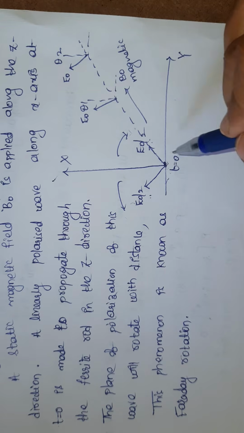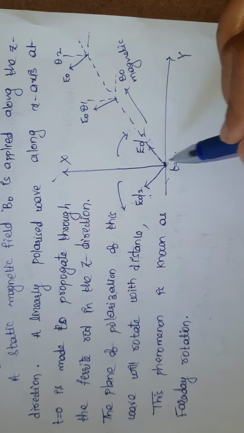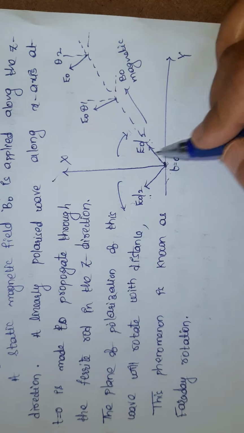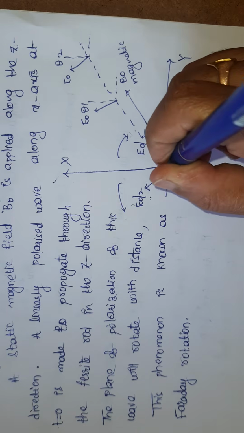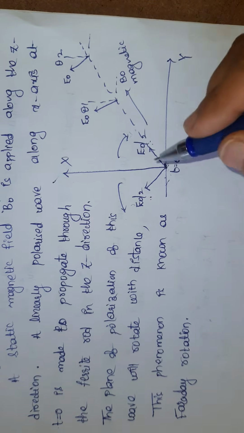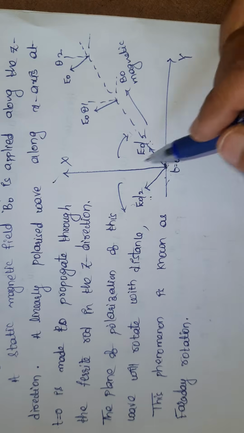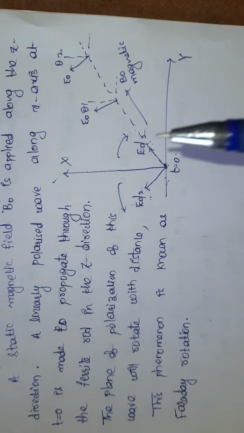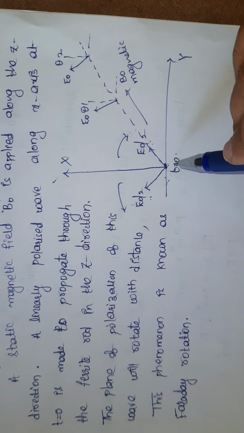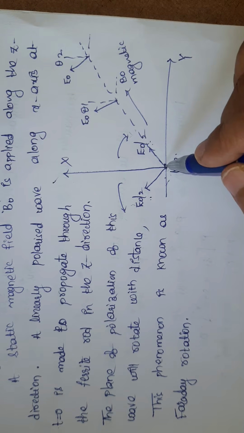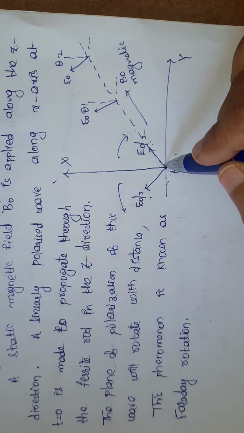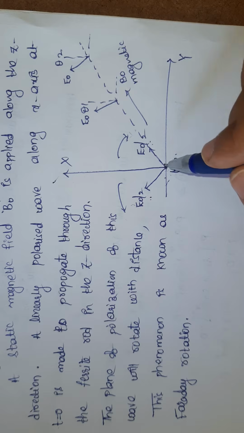If this linearly polarized wave along the x direction is made to propagate through the ferrite rod, placed along the z direction, then as the wave moves in the ferrite rod and the distance goes on increasing, the plane of polarization will rotate.